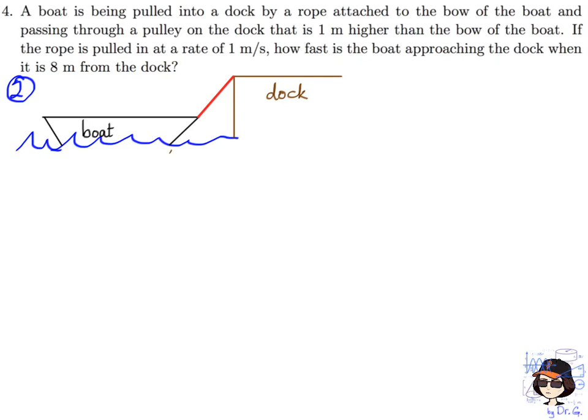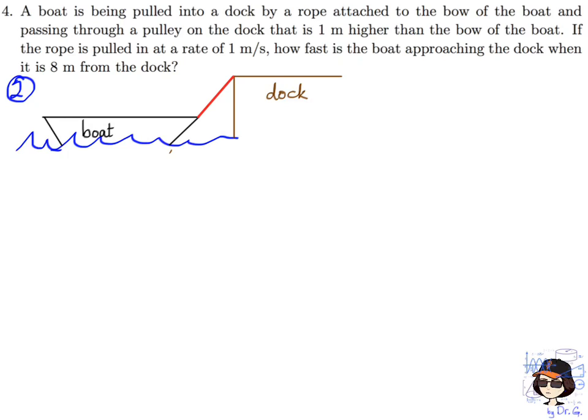And so now I'm going to start defining variables, step 3, and labeling things in the picture that are changing. So first of all, what do I need to represent with a variable? What are the things that are important, that are changing?